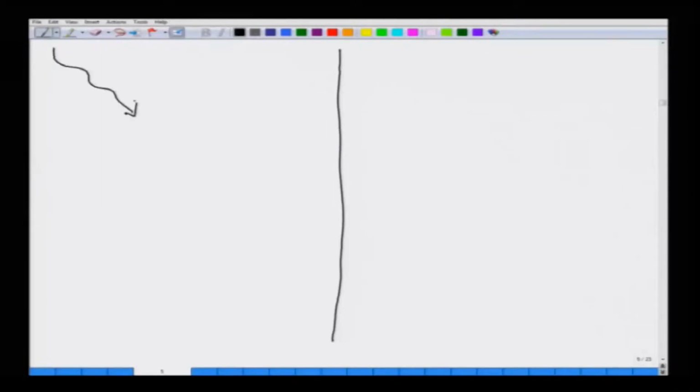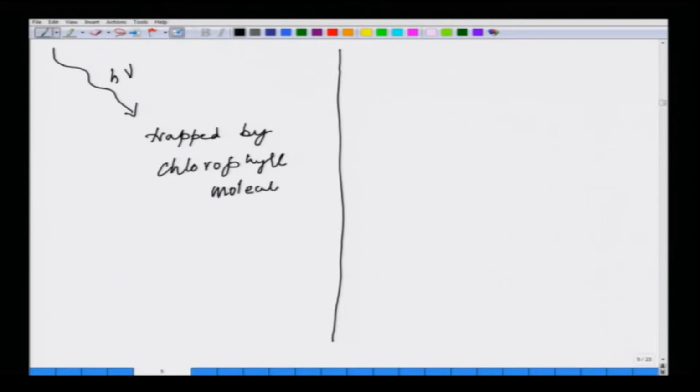Sun is falling, the sun rays are falling, they are being trapped by, we'll be talking about the details of this structure, chlorophyll molecules, and this leads to a series of electron motion.